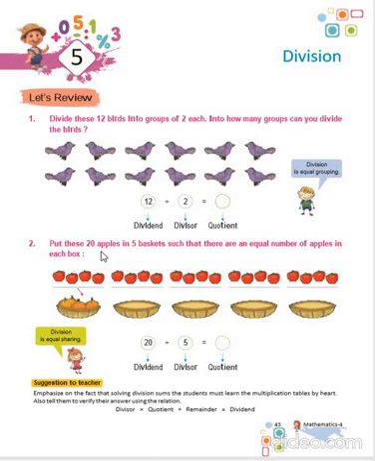So 4 apples will be required in each basket. Division means equal sharing. 20 divided by 5 is equal to 4. 20 is known as the dividend, 5 is called the divisor, and the answer 4 is called the quotient.